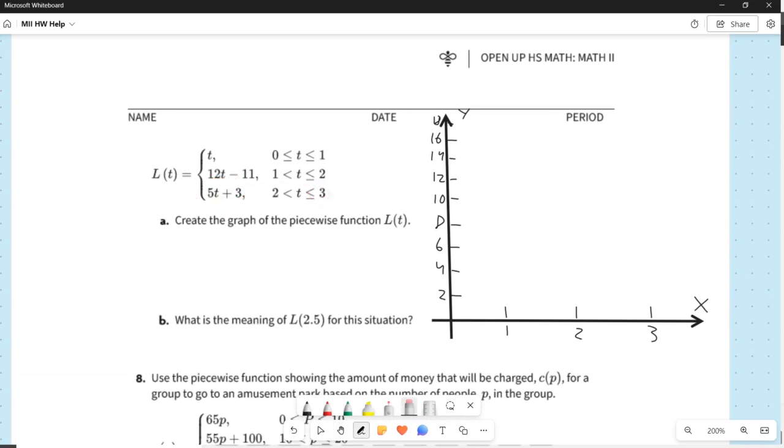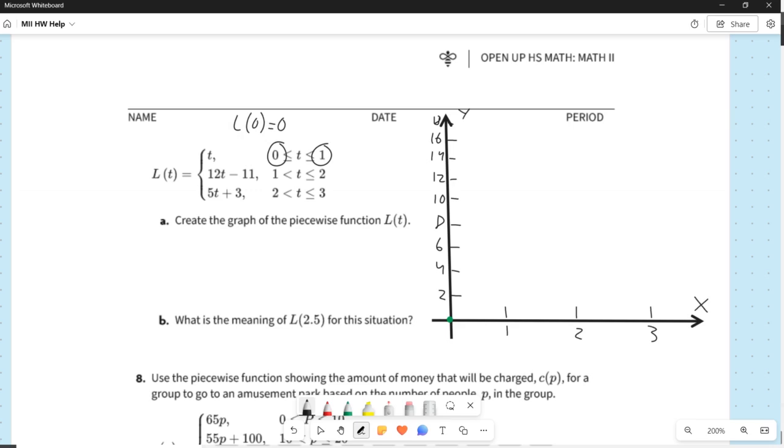And the first piece is just L of t equals t. So that is a linear function with a slope of 1 and a y-intercept of 0. So that tells us that we're going to go from 0, 0, right there. And then we're going to go to 1 comma 1, because when you take a 0 and plug it in, L of 0 is 0.